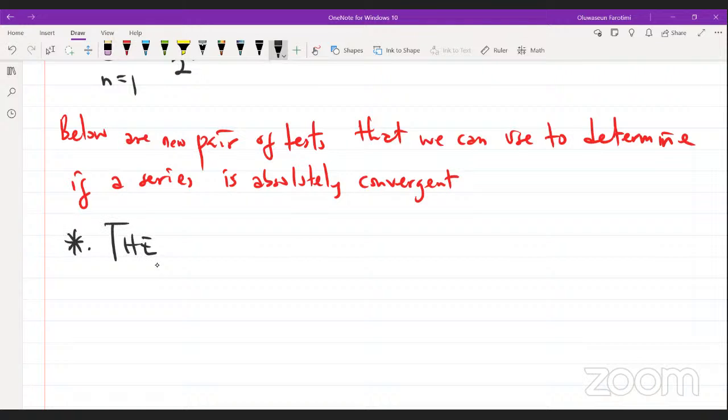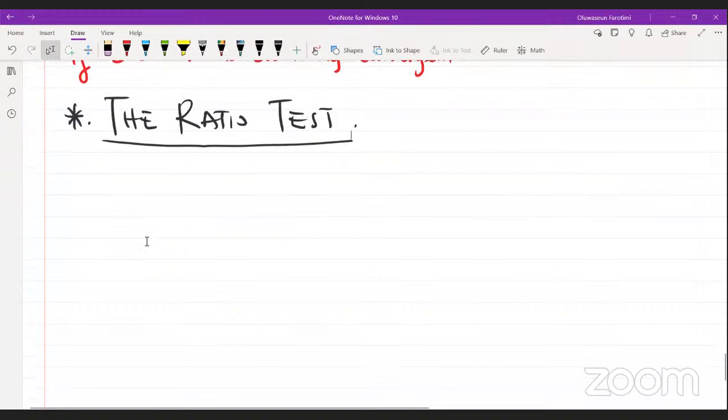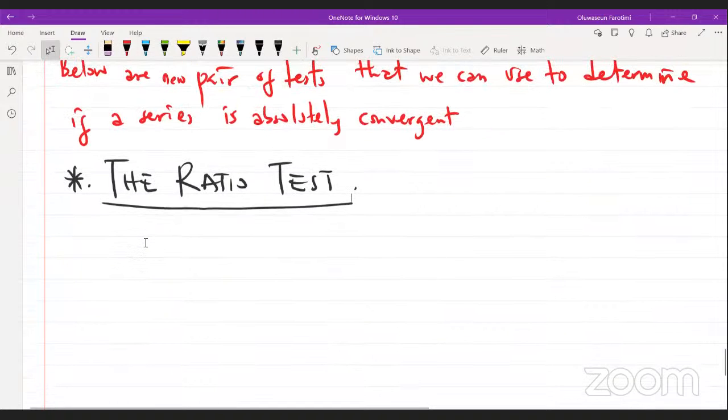The ratio test. I've seen that a lot of students love this ratio test because they consider it's very easy to use. So what is the statement? Let this guy be any series.